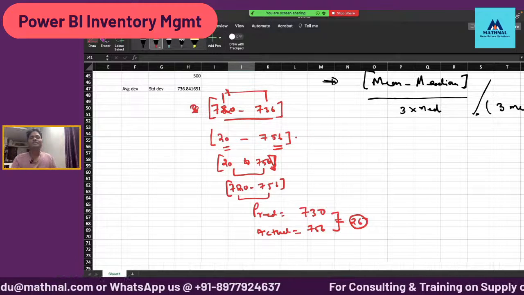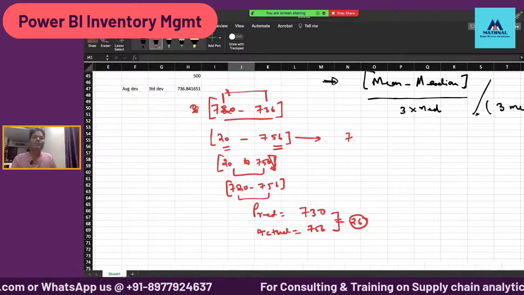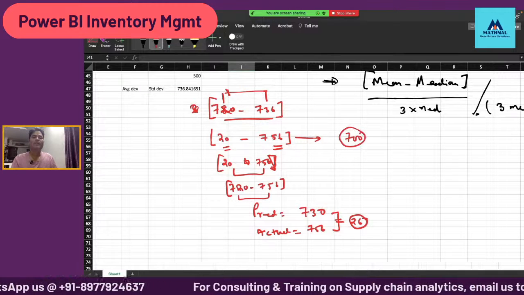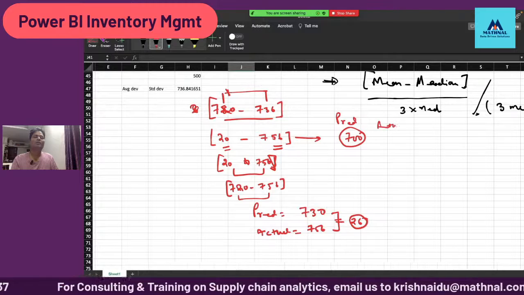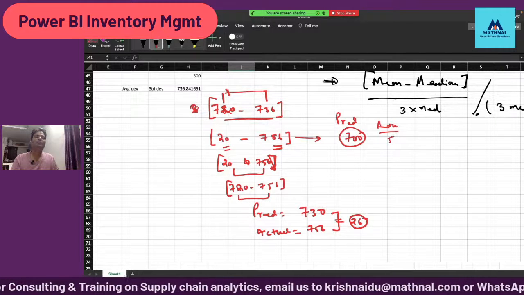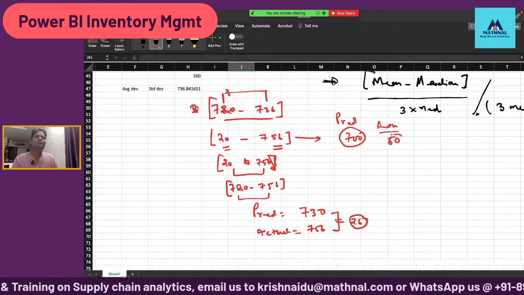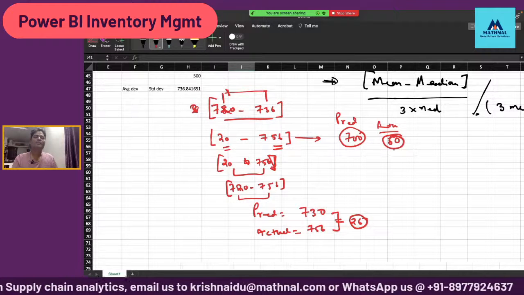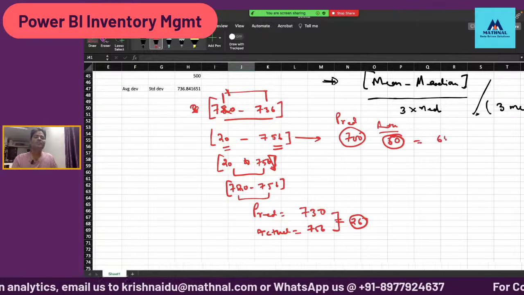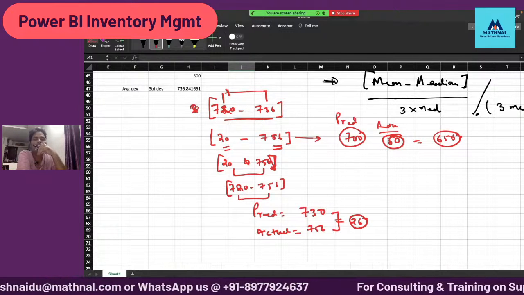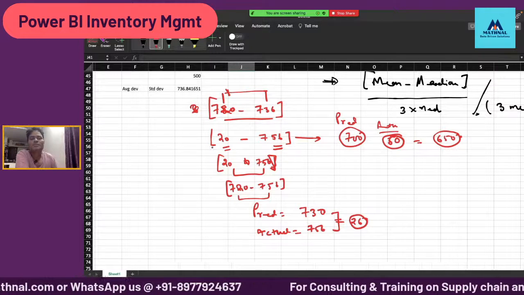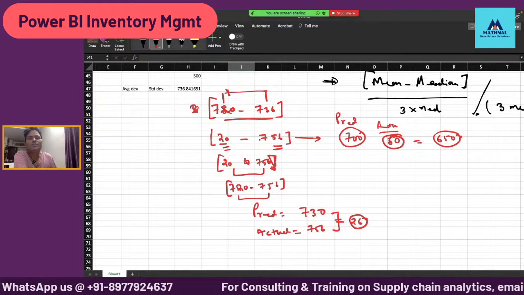But in this case, if I make a prediction of 700 and I get the actual as 50, 700 minus 50, almost a gap of 650. This is a huge error. My range is how much? 20 to 756.